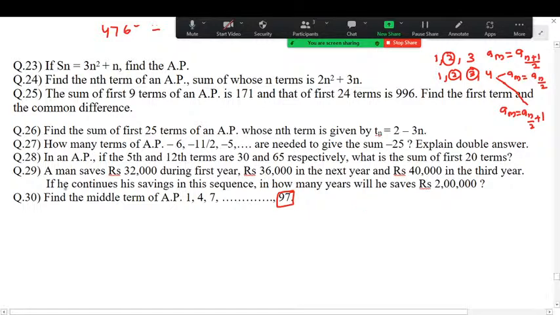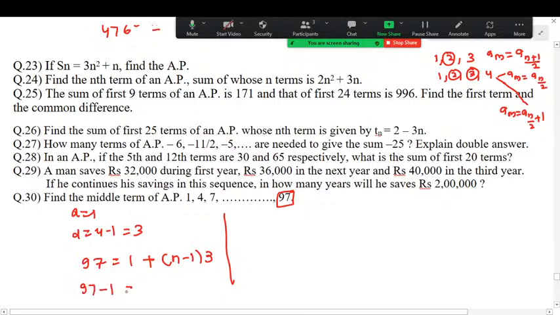First you need to understand that the first term is 1. Common difference is 4 minus 1, that is 3. And the nth term is 97, that is a plus n minus 1 into d. Here we are supposed to find out the value of n, and we can obtain it, no issue. It's coming out to be 96 divided by 3, and here as well you divide by 3.